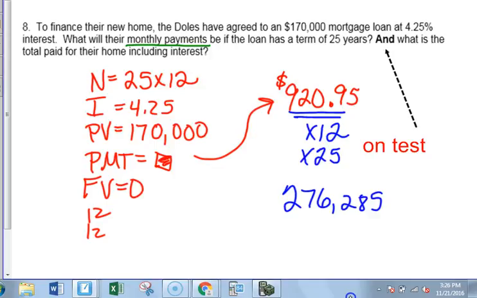I put the 0.95. I got 276.285. Lot more money than 175. Okay. So for a $170,000 house, they paid out an extra $106,000 in interest. These equations are so useful. I don't think I've ever learned things so useful in math class before.